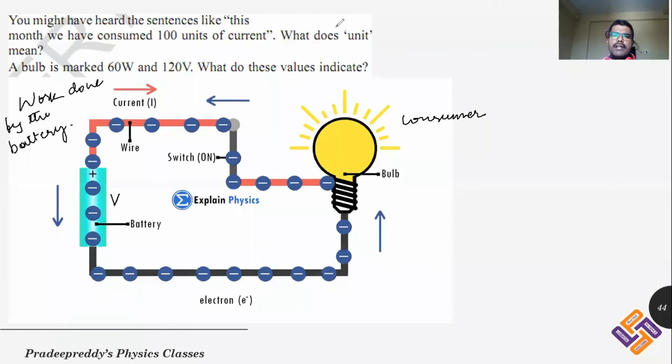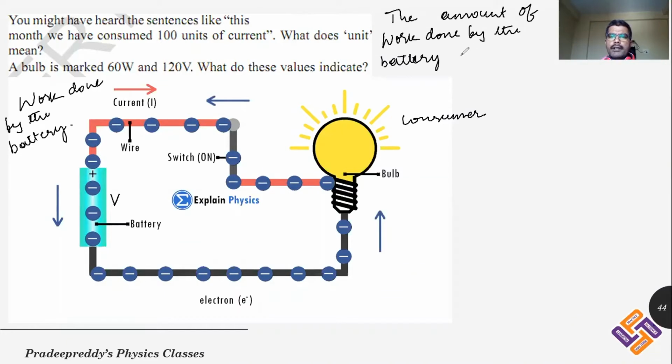Now the amount of work done by the battery is W = V × Q, where V is the electric potential and Q is the amount of charge flowing through the circuit.